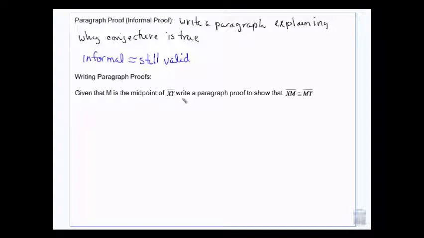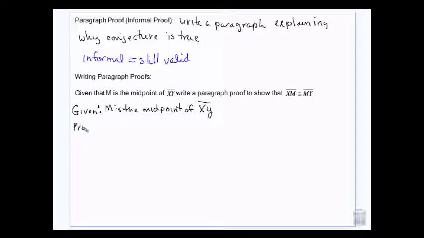It's still valid. Okay, so here we have, given that M is the midpoint of XY, write a paragraph proof to show that XM is congruent to MY. Okay. So I write down given. Okay, that's my given. M is the midpoint of XY.